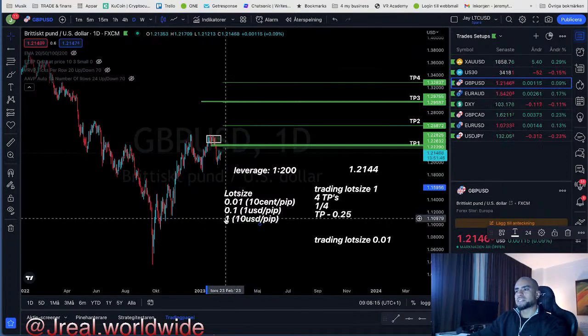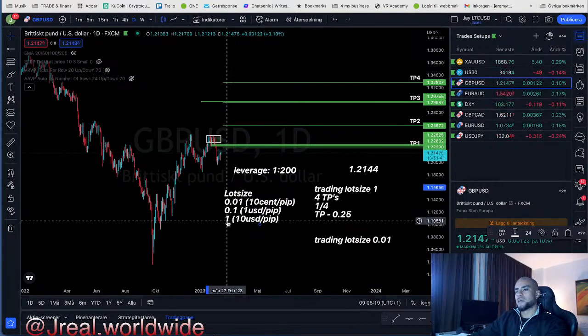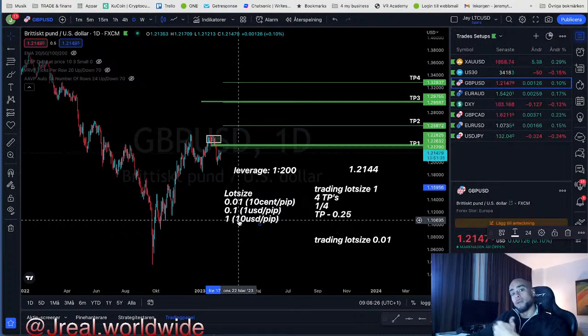Then we have a standard lot, which is 1. Lot size 1 is 10 US dollars per pip. So when the market gains 1 pip, you make 10 US dollars. When the market loses 1 pip, you lose 10 US dollars, depending on if it's a buy or sell.